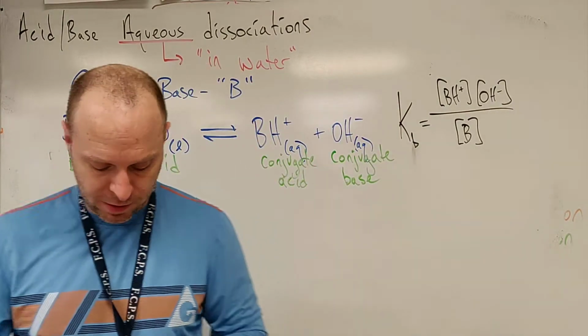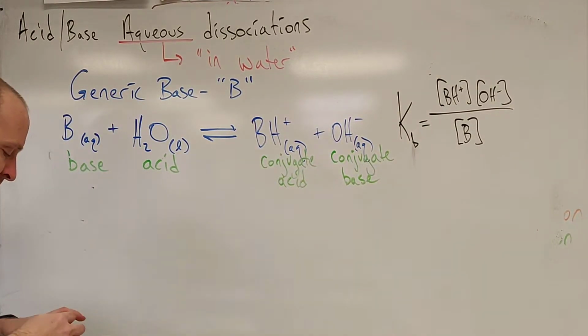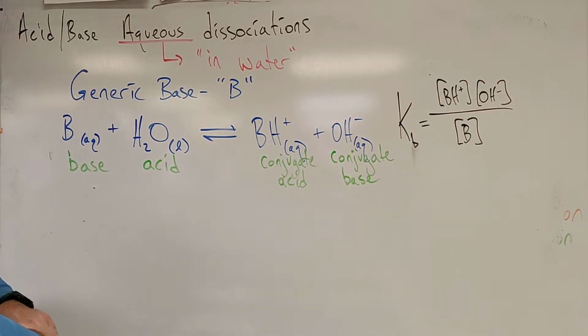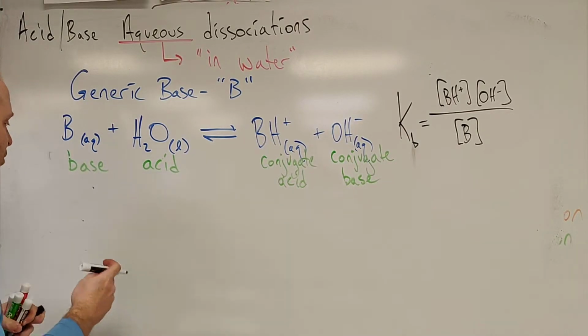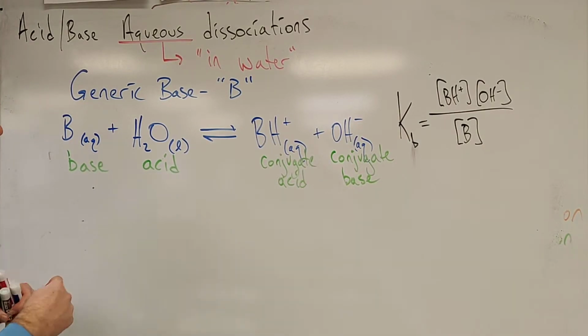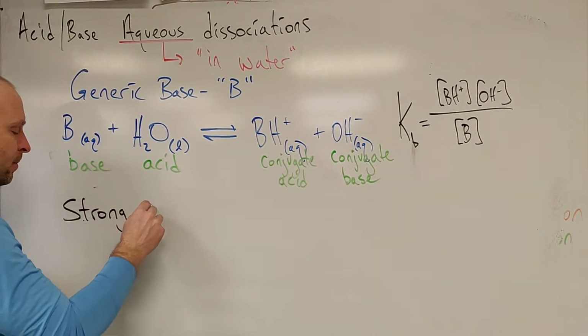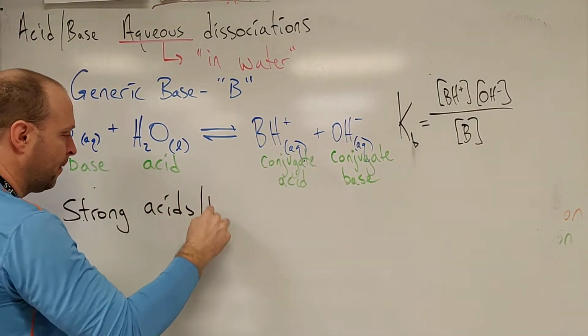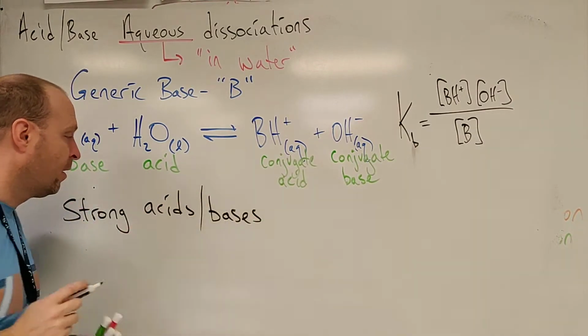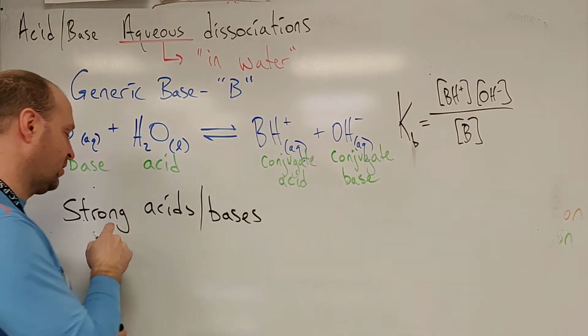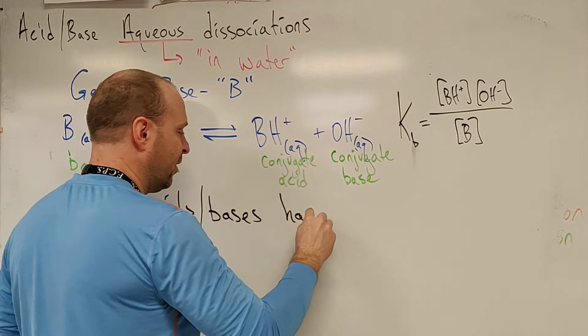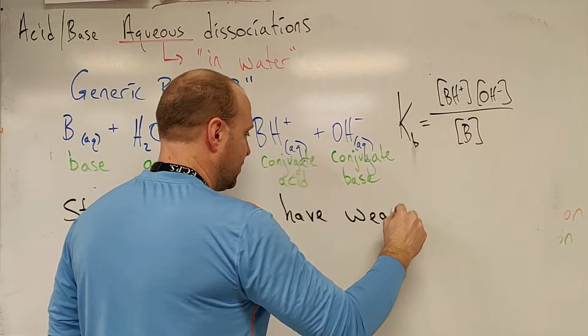There's going to be a rather important note that I will write at the bottom, and that is that strong acids and bases are strong electrolytes, and they have weak conjugates. Strong acids and bases have weak conjugates.